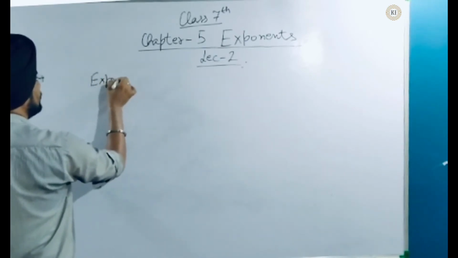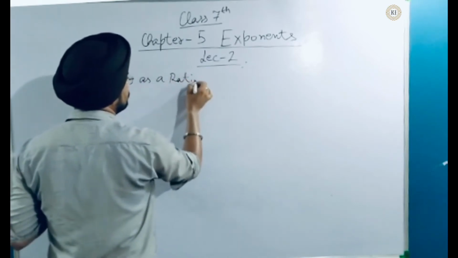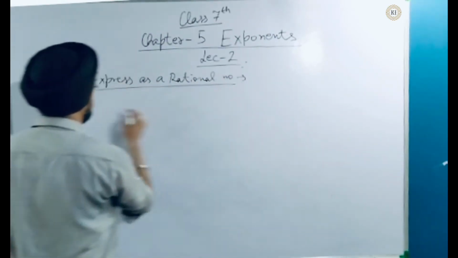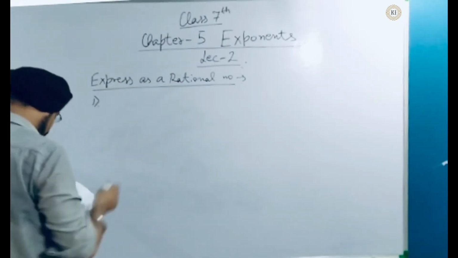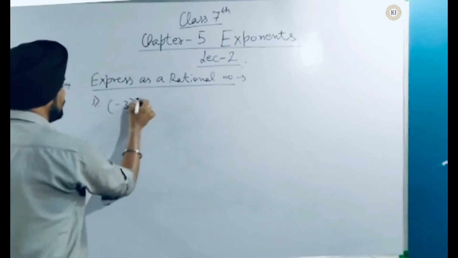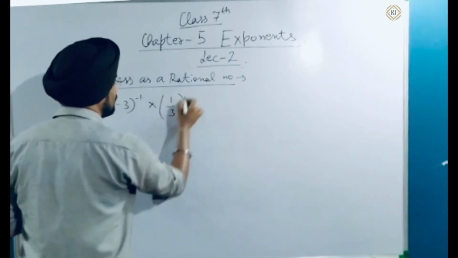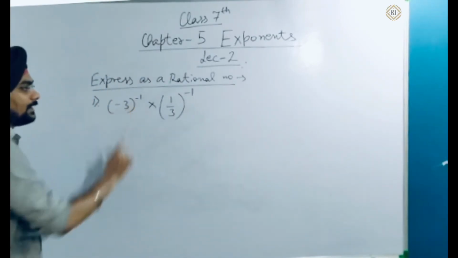We have to simplify. First question is given here: minus 3 to the power minus 1 into 1 upon 3 to the power minus 1. So minus 3 to the power minus 1.